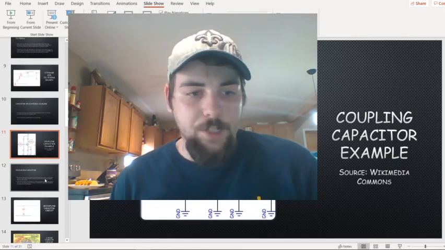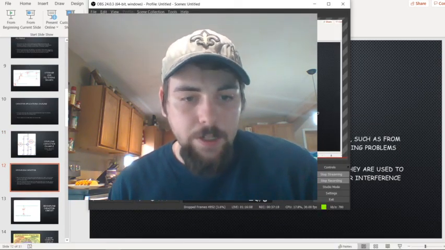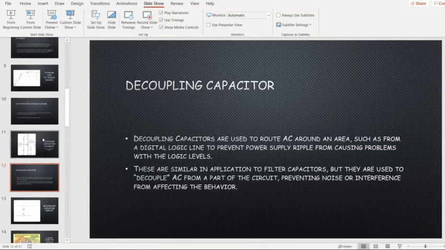Now, let's move on to decoupling. Decoupling essentially works in the same way as a filter capacitor. They're also known as bypass. And the reason they're called bypass capacitors is because it will bypass the AC signal or noise around a sensitive area.